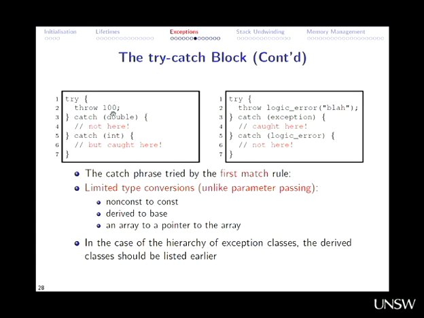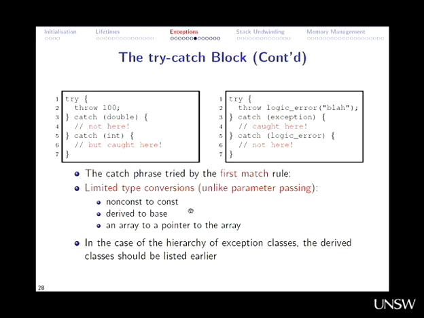So here's some examples. Try throw 100, catch a double, or catch an int. If this was function calls, this 100 would go into a double. It doesn't in a try-catch block. There's limited type conversions.